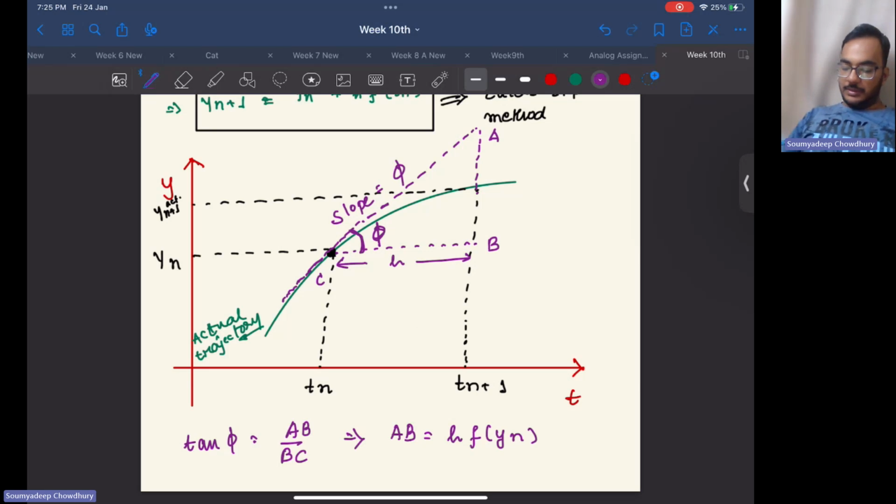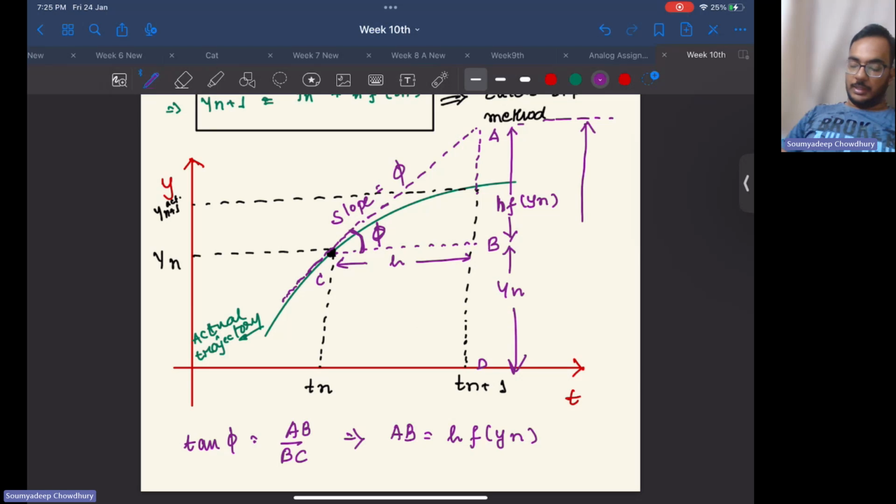So AB is h into f of yn. And this BD we already know, this is yn. So this AD, this entire thing, is actually what we are getting as yn plus 1.